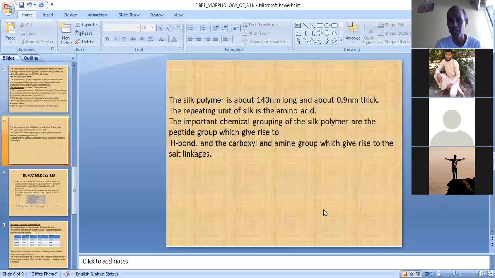So hydrogen bonds and ionic bonds or salt linkages are the main interpolymer forces of attraction found in silk filament. Van der Waals forces are always there, almost all fibers have van der Waals forces, but covalent bonds are absent in silk, which are found in wool fiber.